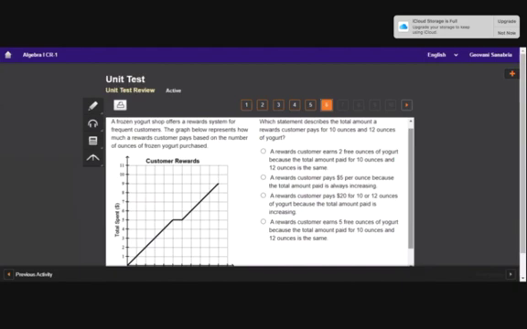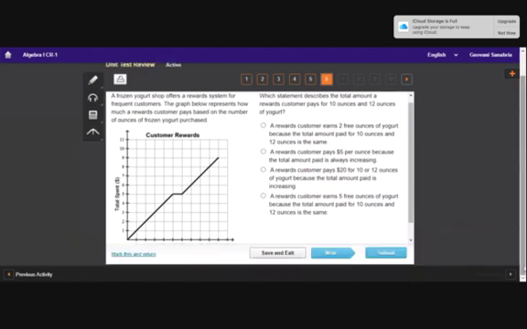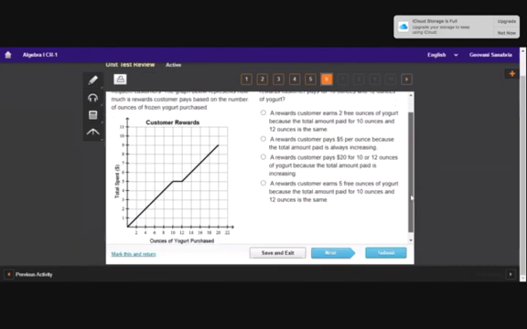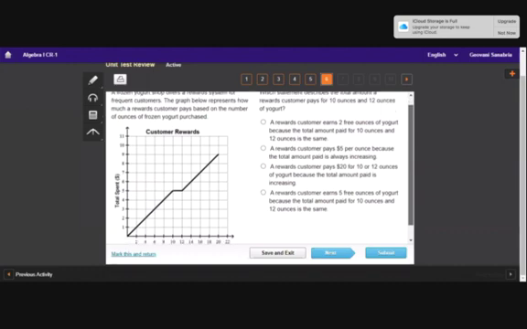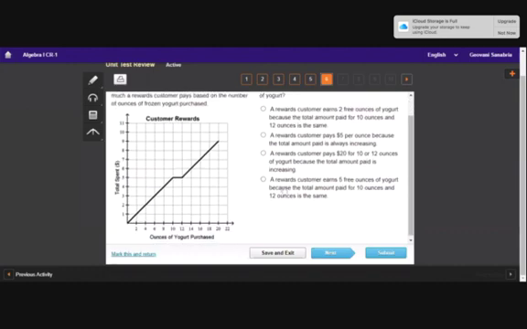Which statement describes the total amount a reward customer pays for 10 ounces and 12 ounces of yogurt? I would even look on the graph before I look at the answers. For 10 ounces of yogurt, what's the price? And for 12 ounces, what's the price?